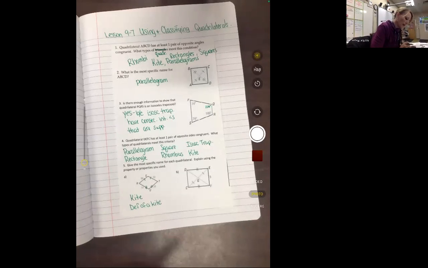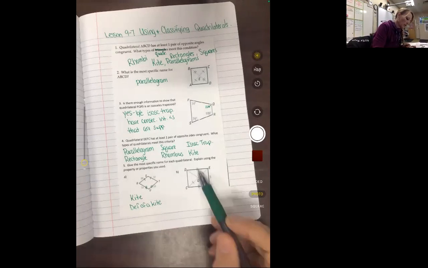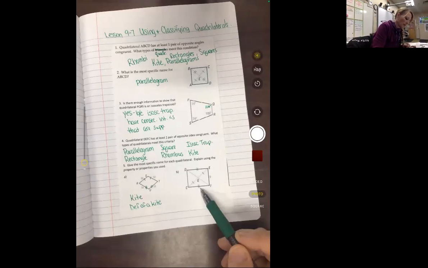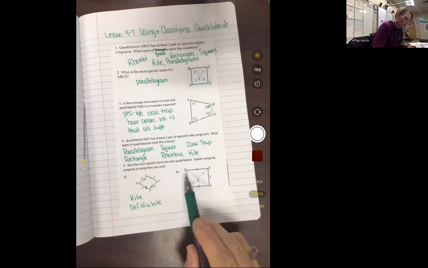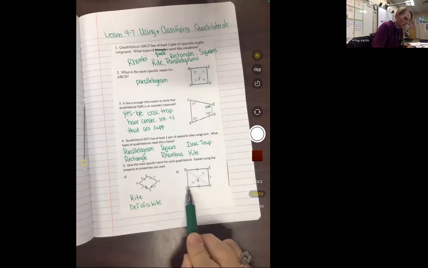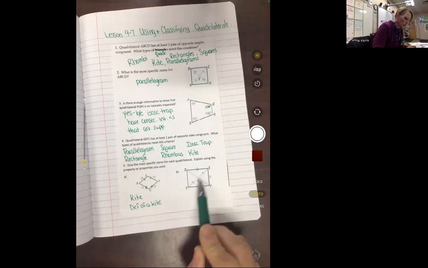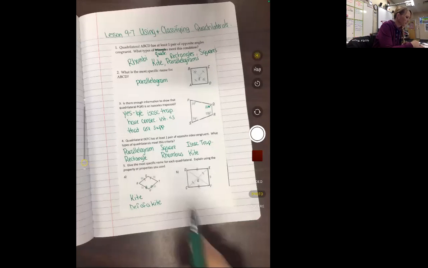So if we know that we have one set of opposite sides, that would only be defined by a trapezoid, but that doesn't work because trapezoids don't bisect their diagonals. We don't know that this side is a 9, but we do know that the diagonals are bisected.